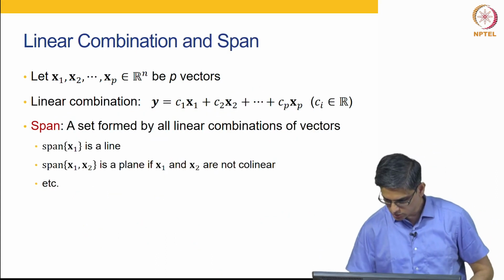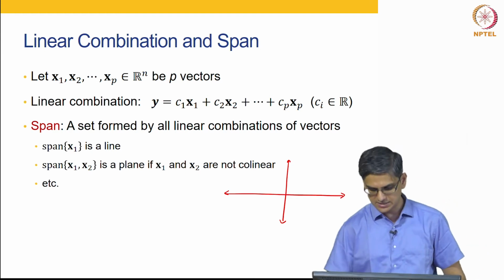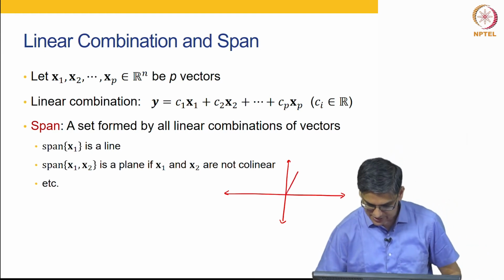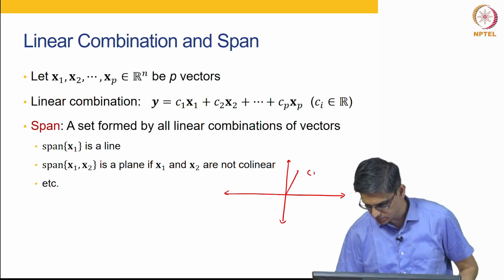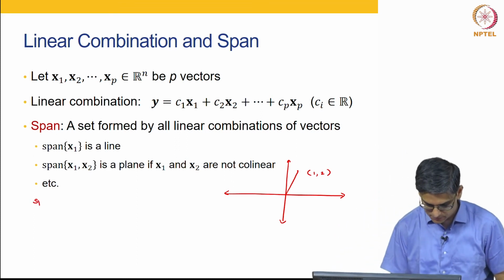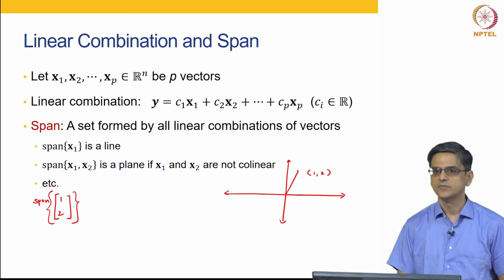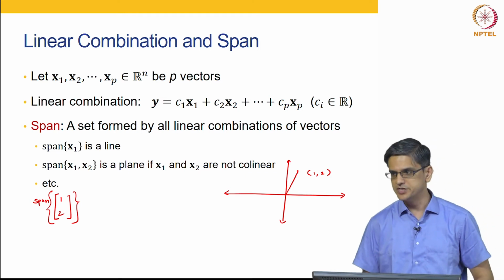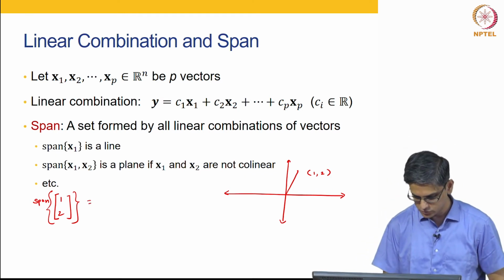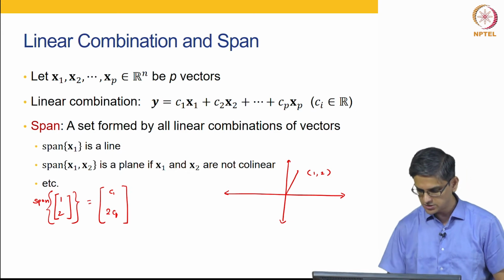Let us look at a two dimensional space, and let us say we have this vector 1 2. What is its span? It is all possible linear combinations of that vector 1 2, that is c1 and 2c1, for all c1.